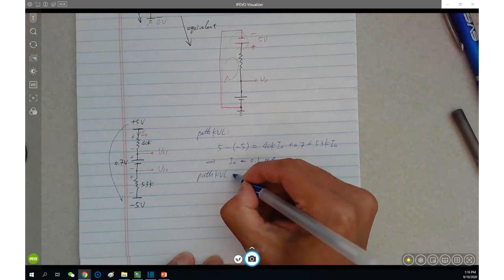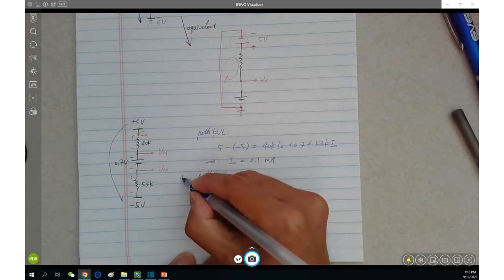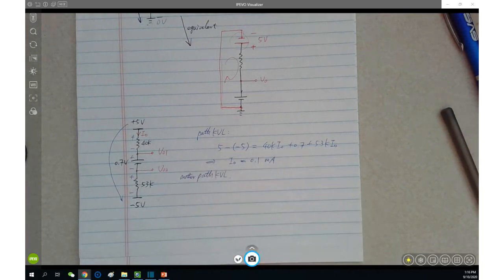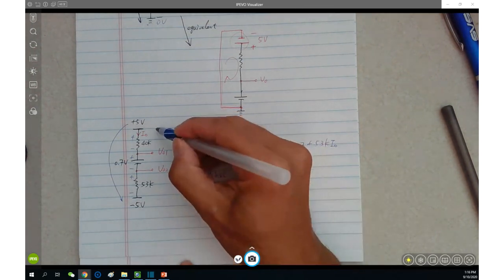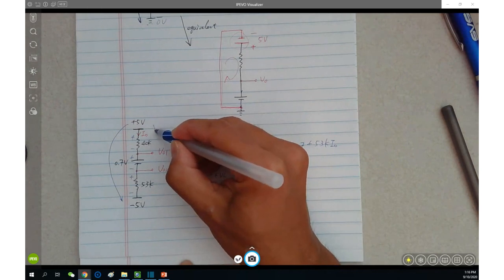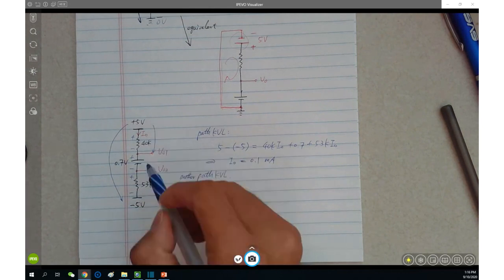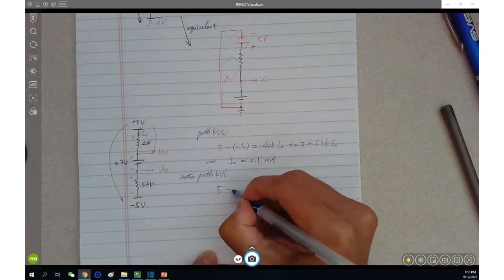Of course, it's a different KVL, another pass KVL, because you can choose any part of the circuit to write a pass KVL. It doesn't matter. So how about I choose a pass from 5, the top, down to this V naught 1.